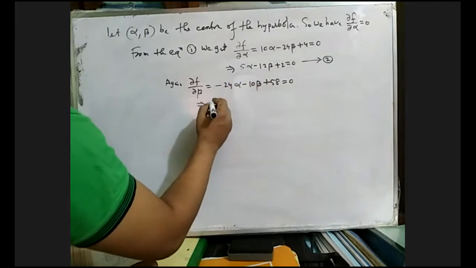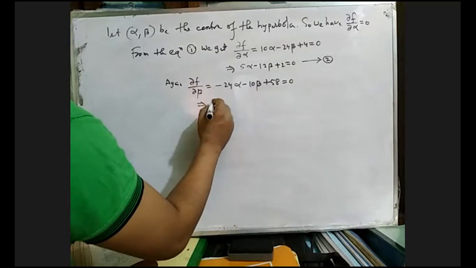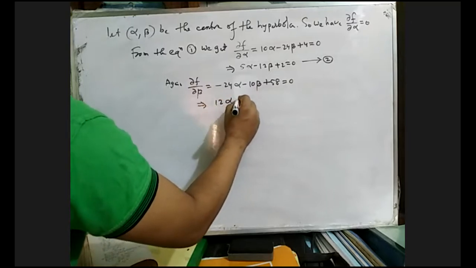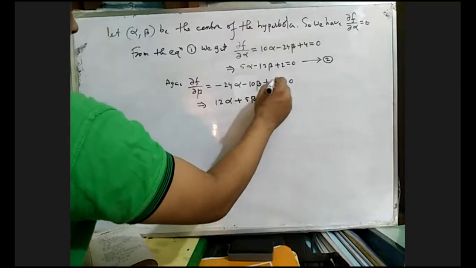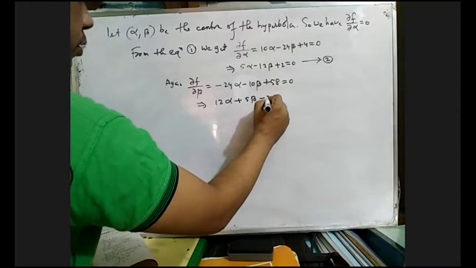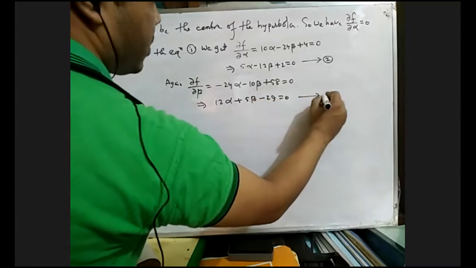Dividing by minus 2 on both sides, 12 alpha plus 5 beta minus 29 equals 0. This is equation number 3.